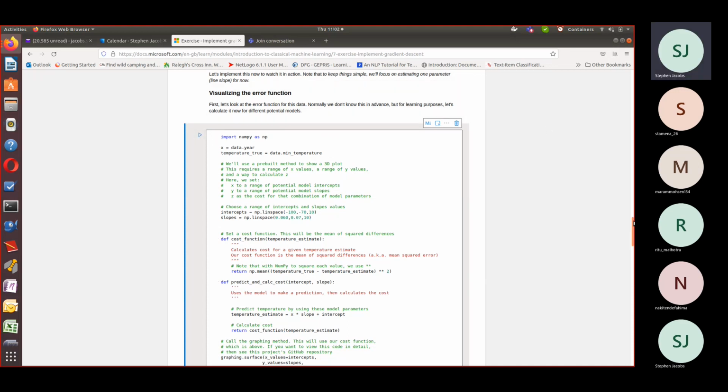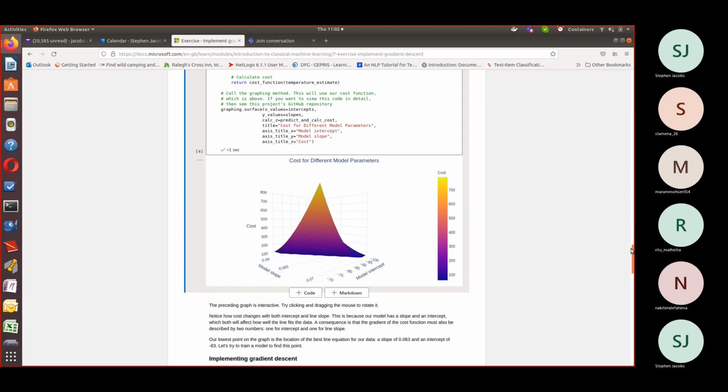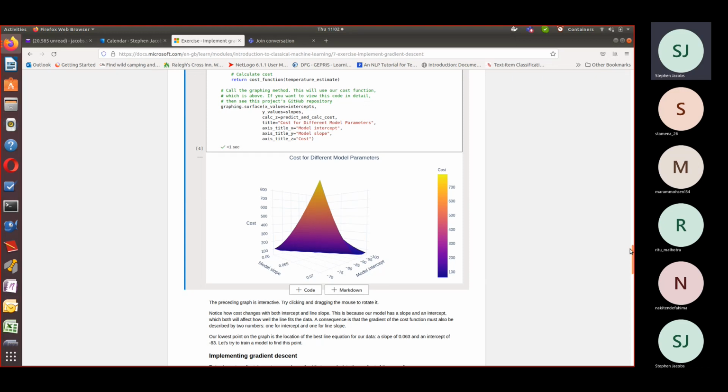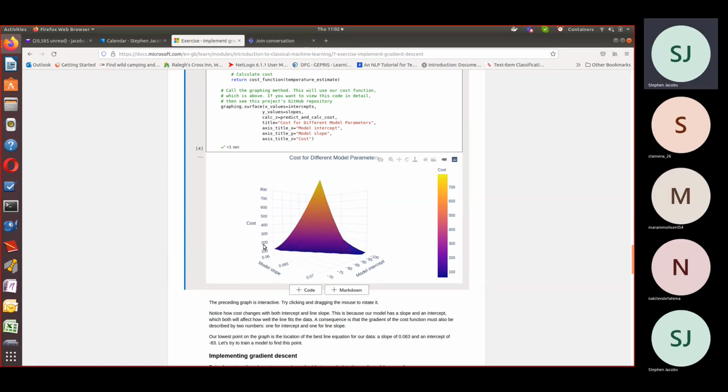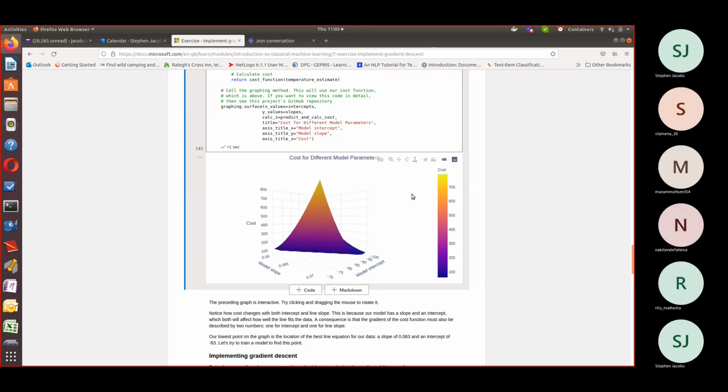My sandbox ran out. Oh, there it is. So this is our 3D plot here. And we've got the cost in this axis here, the model slope in this one and the intercept here. So we're getting close to finding the minimum cost.